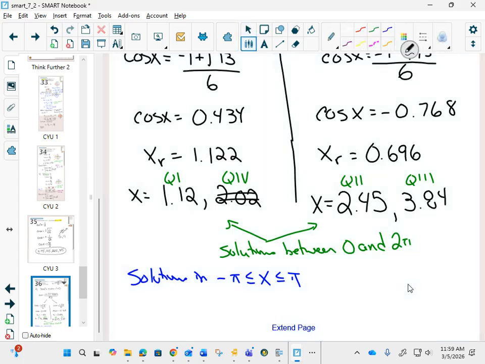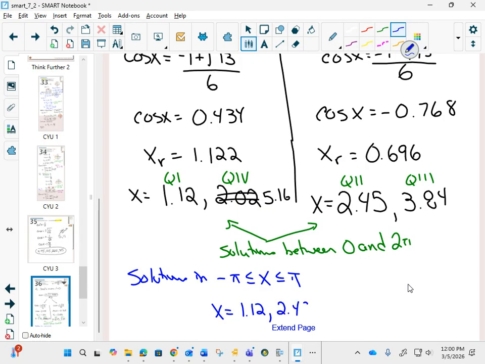Not that it matters, because now they want me to find it from negative pi to pi. So that's going to be positive answers from 0 to pi. So my solutions in blue, can you see the one in quadrant 1 is fine? And the one in quadrant 2 is fine. But this one, I have to rewrite. And this one, I'm going to have to rewrite.